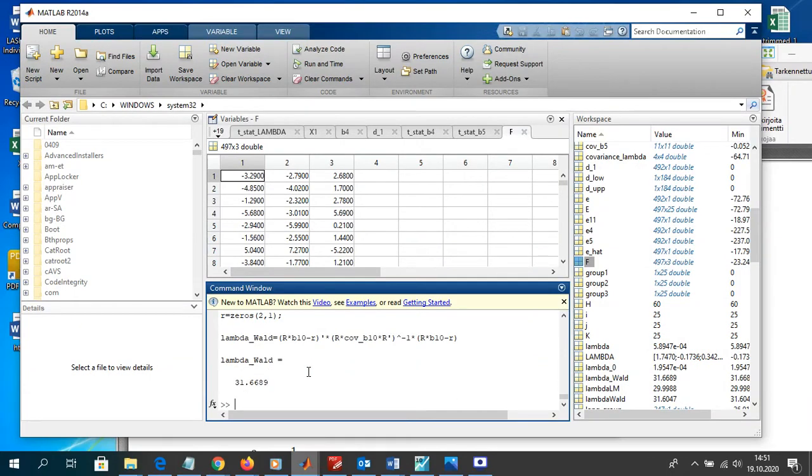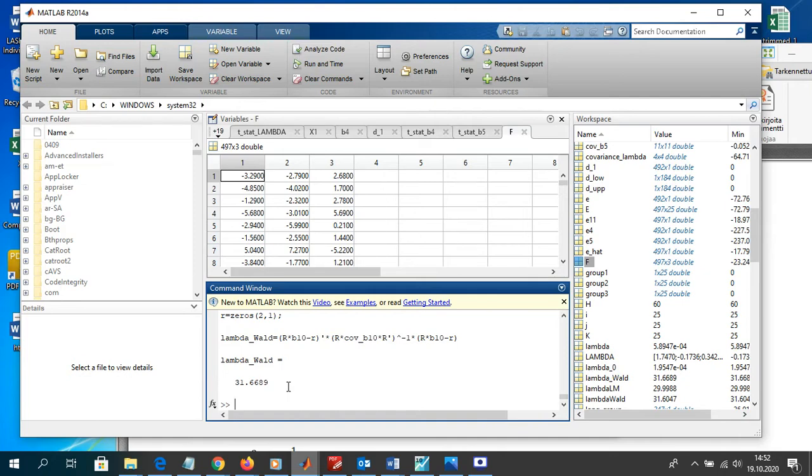What you get is a test statistic of 31.67. Now you remember, under the null hypothesis, the distribution is the chi-square distribution with 2 degrees of freedom. We can look it up in the table. For the chi-square distribution with 2 degrees of freedom, the critical value for 95% is 5.99. So obviously the test statistic is much larger than our critical value, which means we have to reject the null hypothesis.